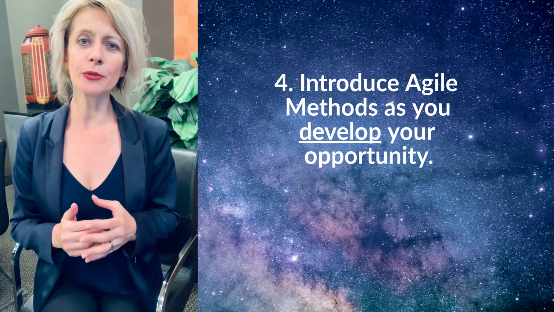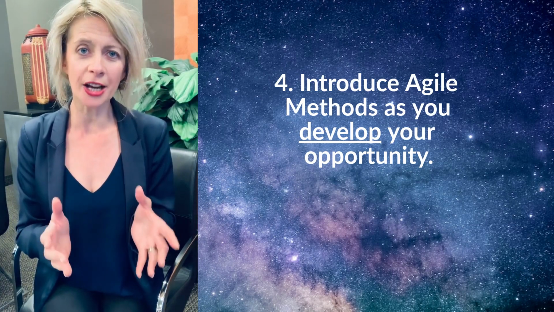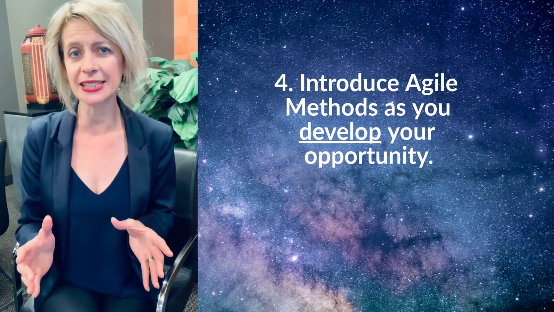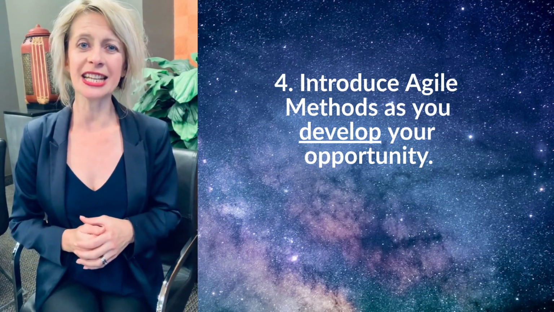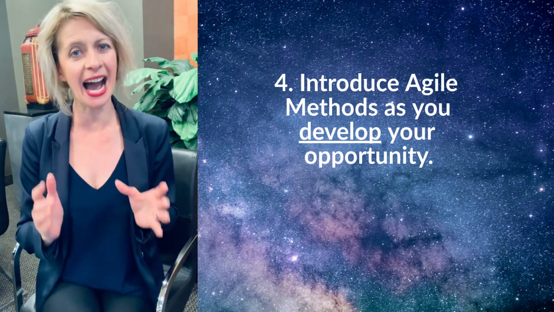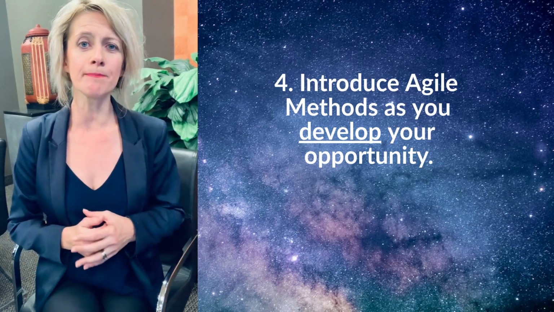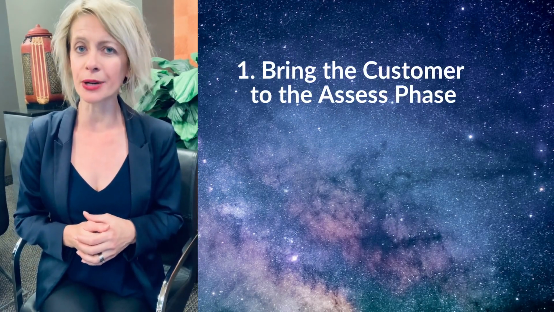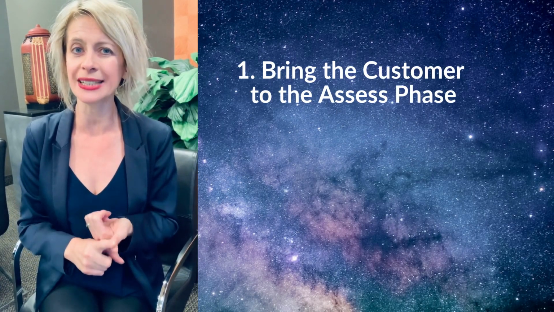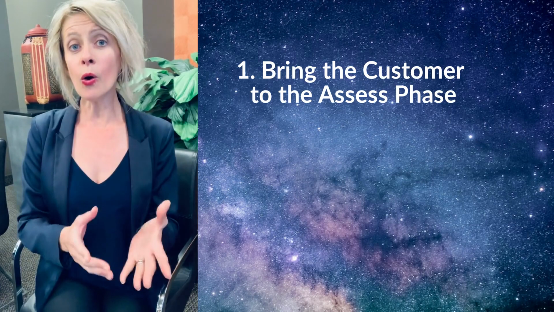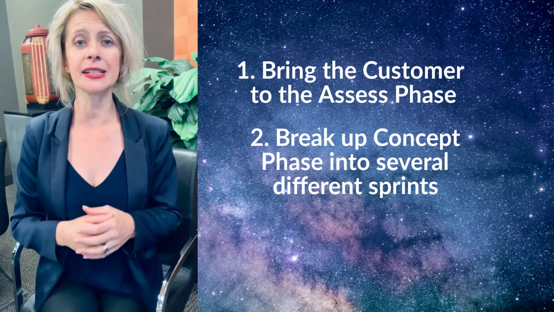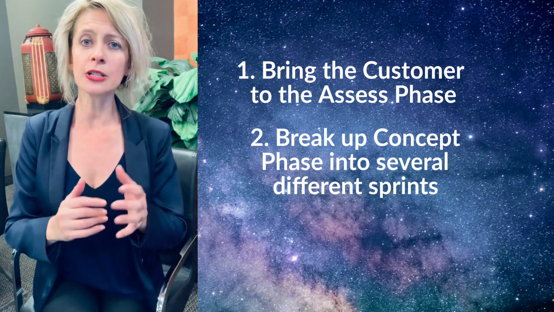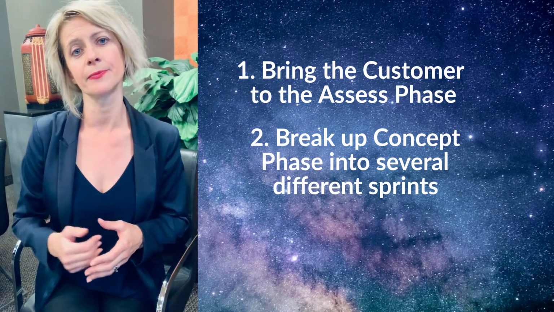Look, agile method works really well for digital projects. However, when you're dealing with creating physical assets, you need to think strategically about when integrating agile would give you the most advantages. And one way to do it is by bringing your customers all the way to assess phase, or breaking up concept phases into several different workshop sprints in order to move faster through the phase.